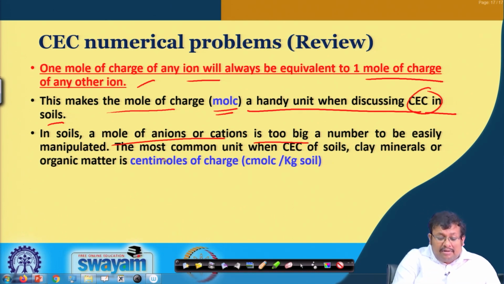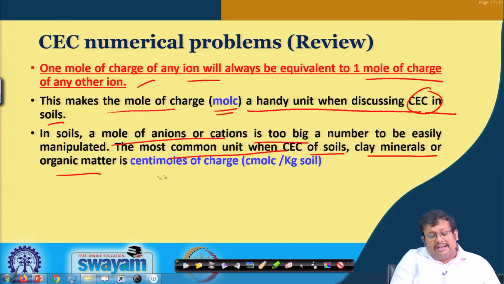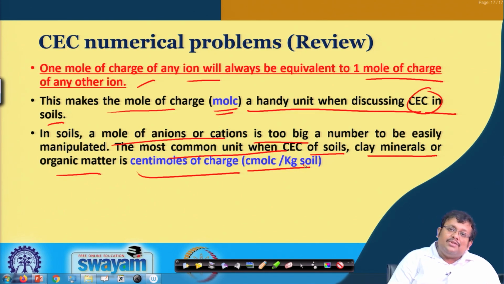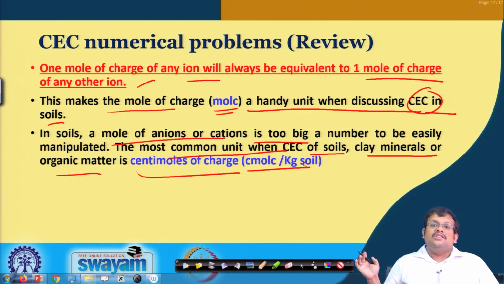So, the most common unit for the CEC of soil, clay minerals or organic matter is centimole of charge per kg of soil. Now you have understood why we use this term, centimole of charge per kg of soil. Earlier, it was milliequivalent per 100 grams of soil. Now, it is centimole of charge per kg of soil.